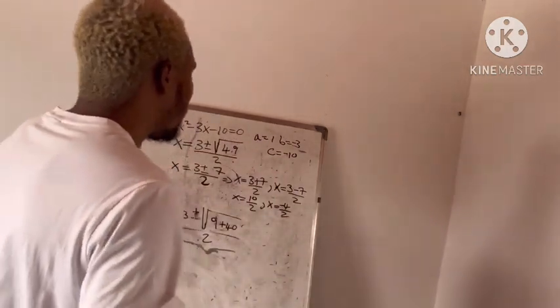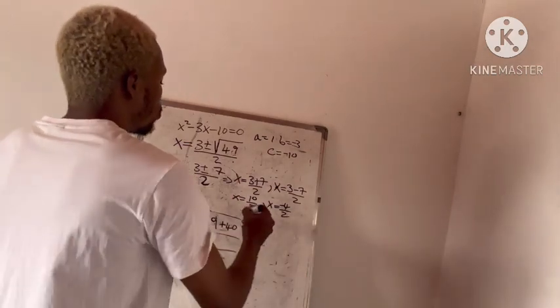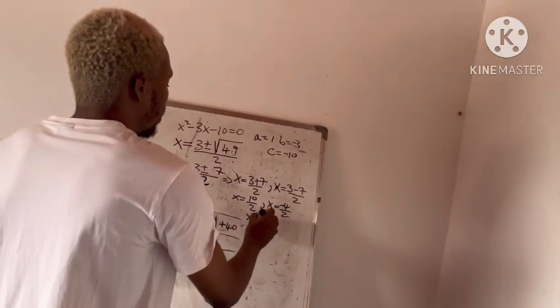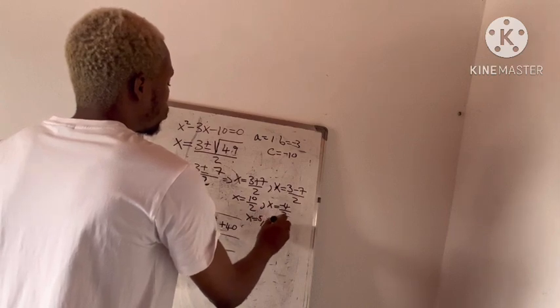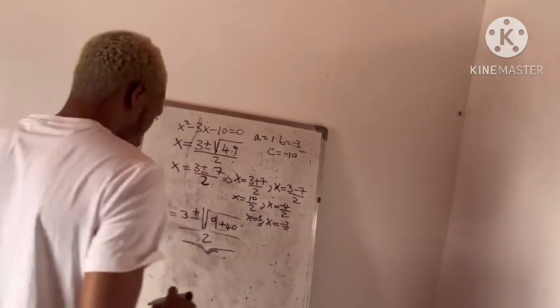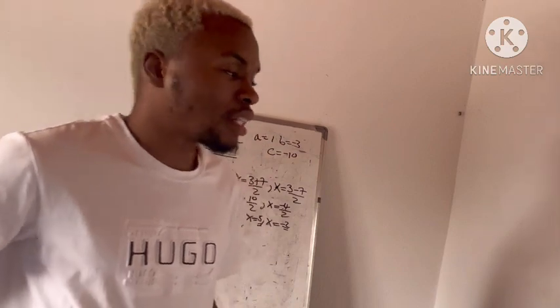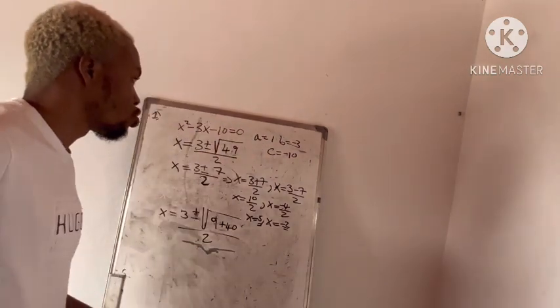When you have that, the next thing to do is, what's 10 divided by 2? You end up with x equals 5, and minus 4 over 2 is minus 2. So x equals 5 and x equals minus 2.